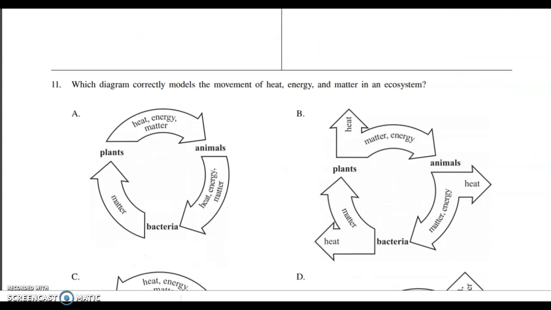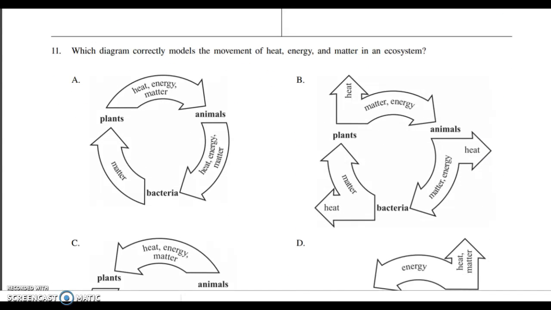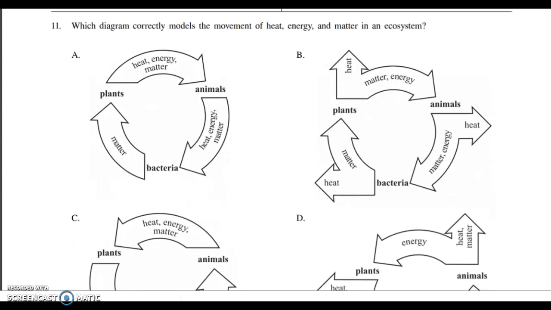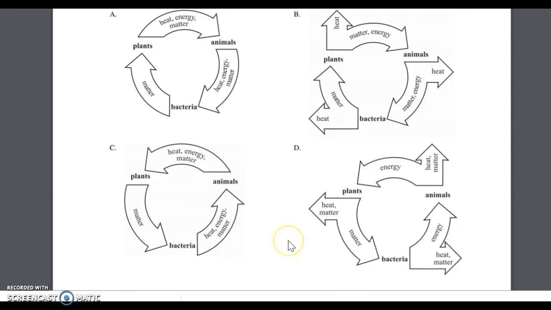Number 11 says which diagram correctly models the movement of heat, energy, and matter in the ecosystem. This question actually combines several different things that we talked about. When it says energy and matter, that makes me think of our energy pyramids, which is a good thing to think of right here. Remember, 10% of our energy is passed on from one level of our energy pyramid to the next.